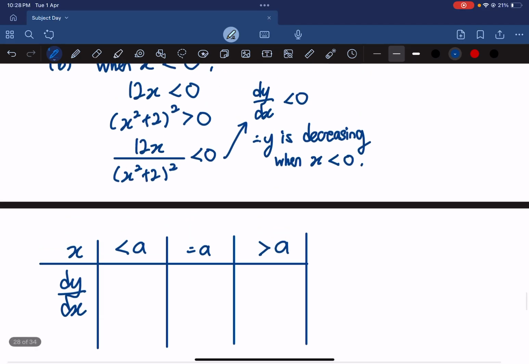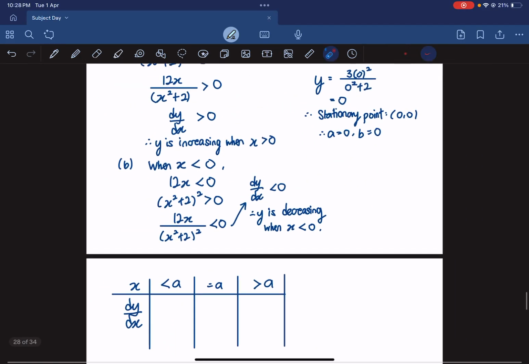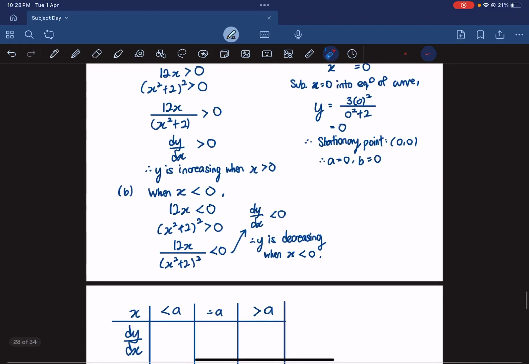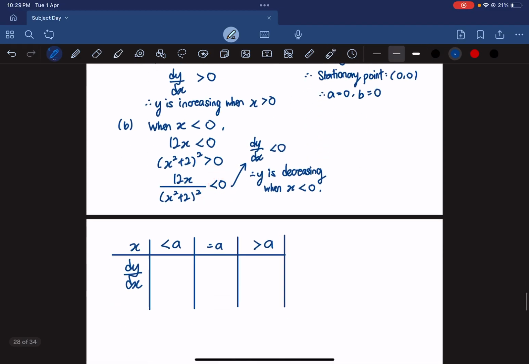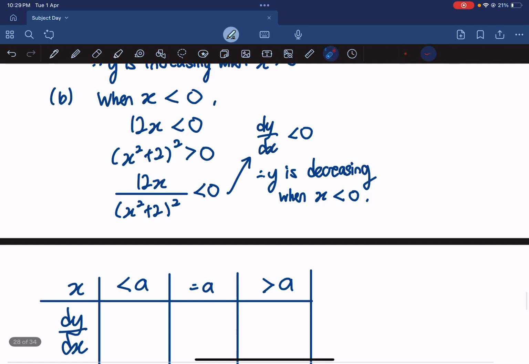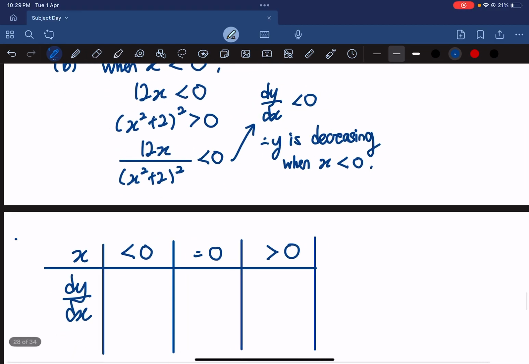Maybe I should write this with 0 so it's clearer. Instead of a here, a is 0: x is less than 0, equals 0 and more than 0. This is for part C.